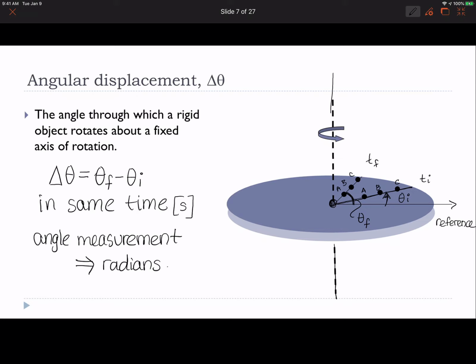Other units that we might use to represent an angle might be degrees. We could talk about this disk going all the way around, 1 revolution. One revolution would be 360 degrees, and so another representation would be revolutions. So you could talk about the object moving through 1 revolution, which would be all the way around, or half of a revolution, and so on. A part of a revolution.